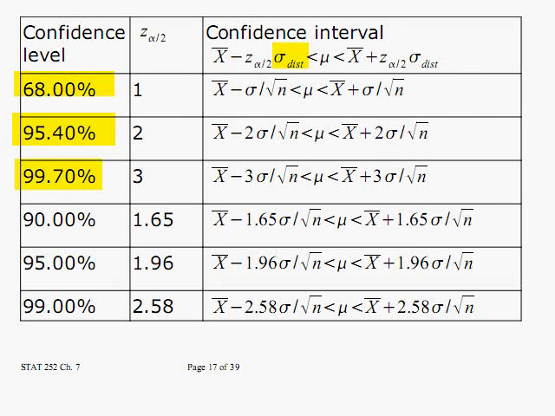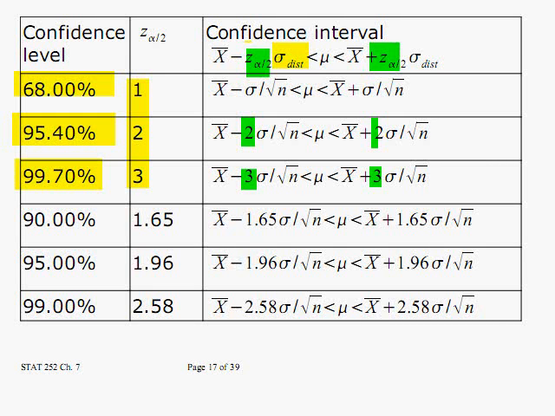In that case, you go 1, 2, or 3 standard deviations away. And so you see, here would be the z alpha over 2. Let me put that in a different color. It goes right here. In this case, it's 1, so it doesn't show up. Here it's 2, and here it's 3. This just has to do with those areas under the bell-shaped curve.